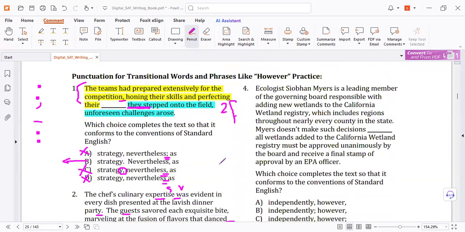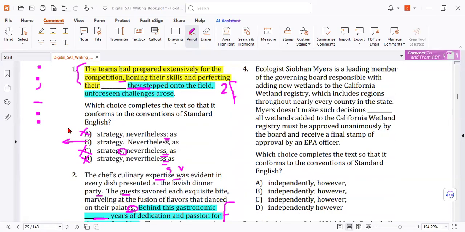Let's try again. I think it will be letter B.